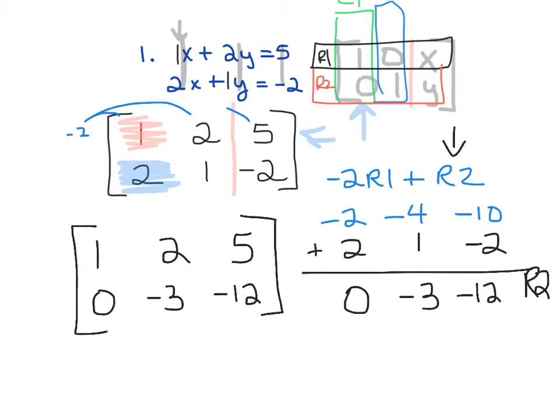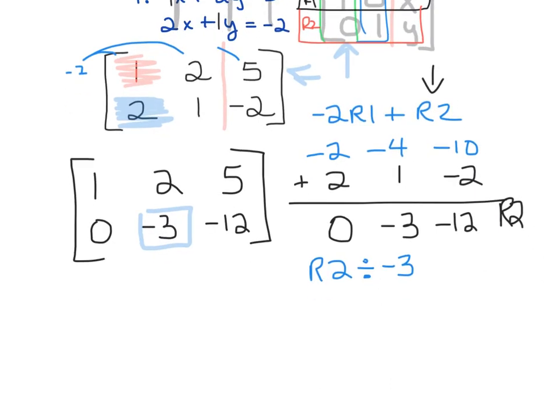Now, I've completed the first column. I now need to shift over and change this -3 into a 1. And again, at the beginning, we decided that in order to make something become a 1, we divide it by itself. So I'm now going to take row 2 and divide it by -3.